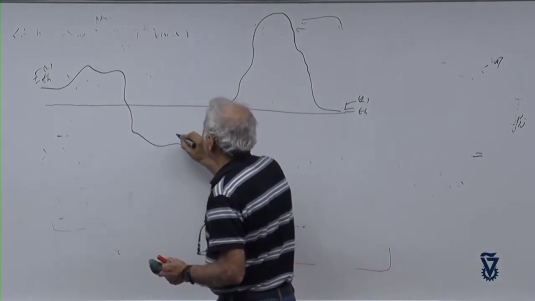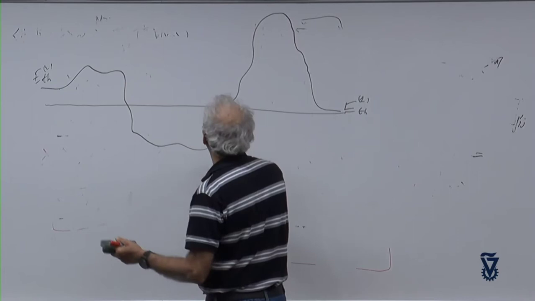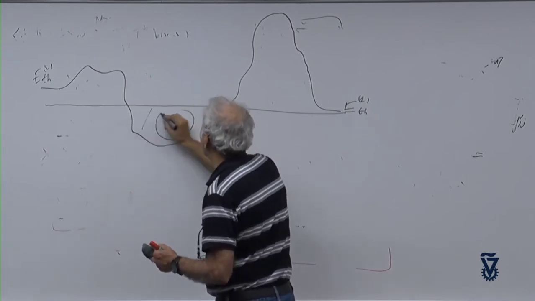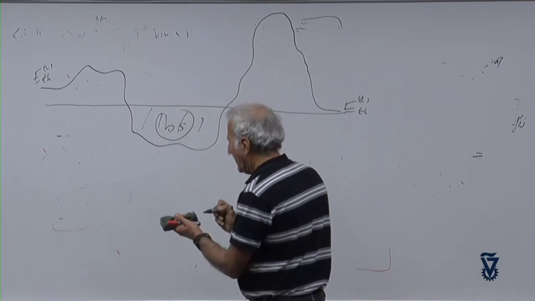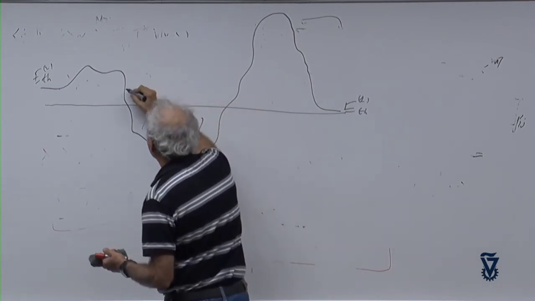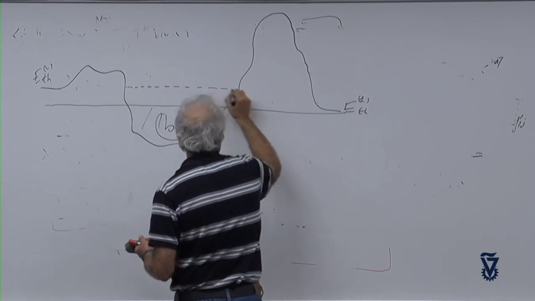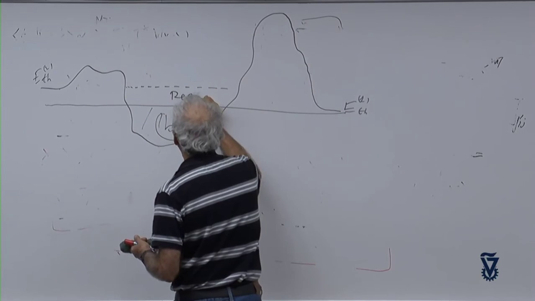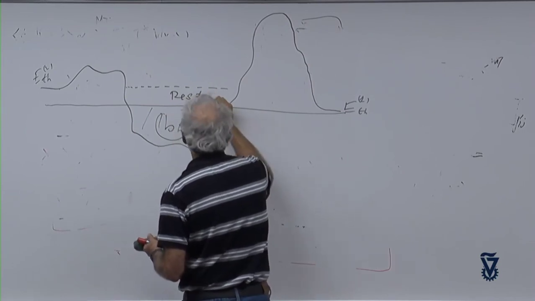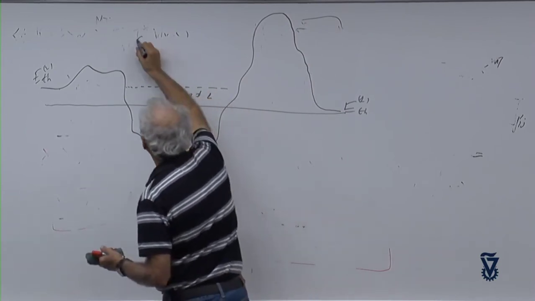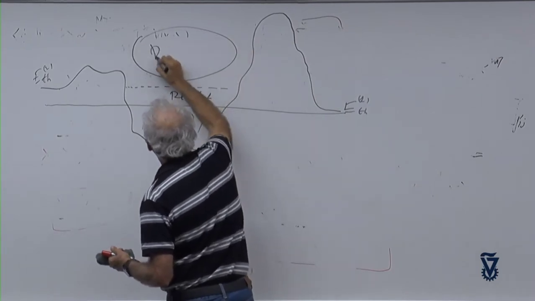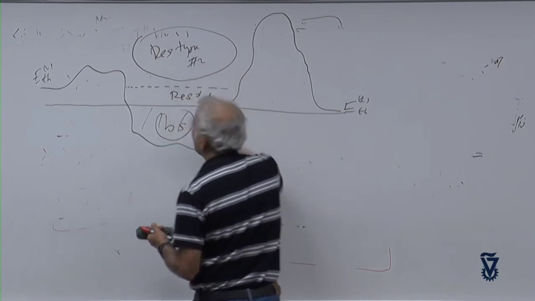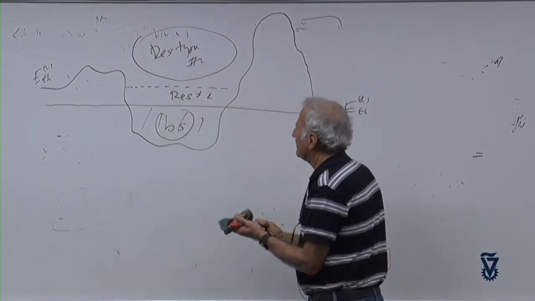Now, in this picture that I put here, I put only 2 barriers, not 3 as before. We have here bound states. They are localized in this region. And we have resonances that are localized here. Call it resonance type 1. And we have also resonances type 2. What is the difference?